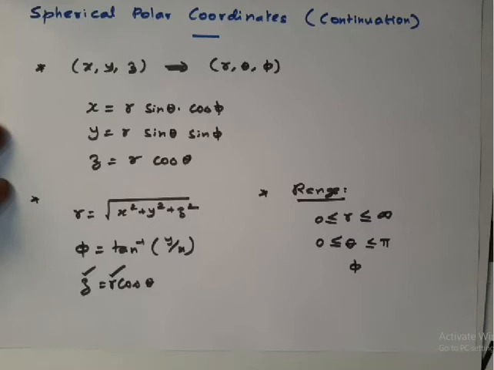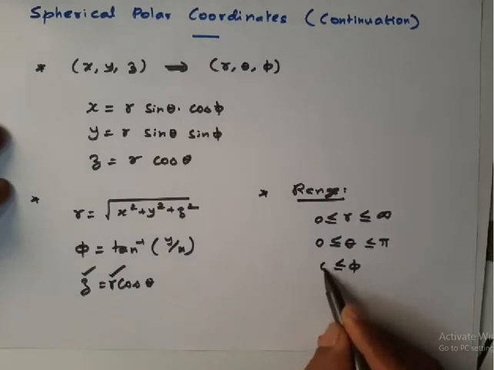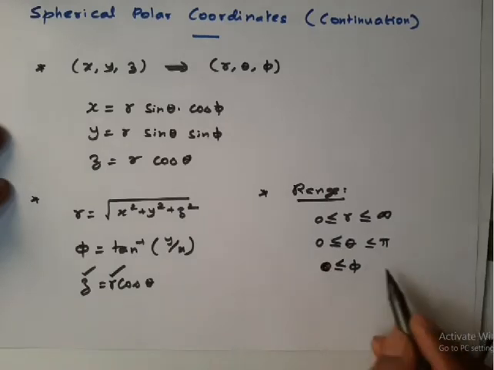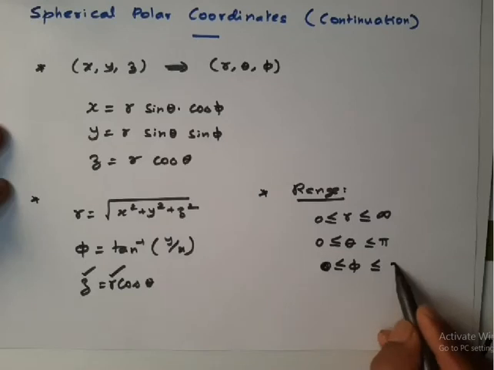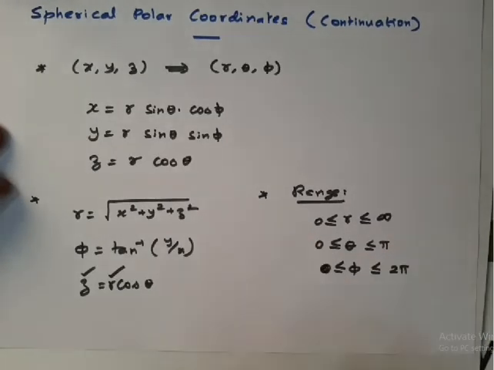When the particle comes back to the initial position on the plus x axis, you get 360 degrees. So for phi, the minimum possible angle is 0 degrees and the maximum is 360, which means 2 pi. So these are the ranges of r, theta and phi.